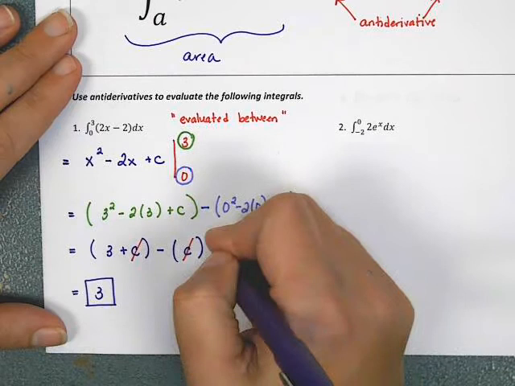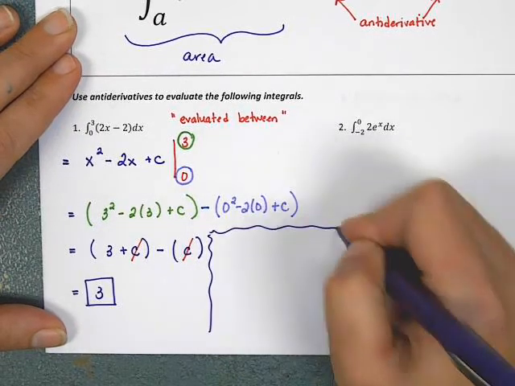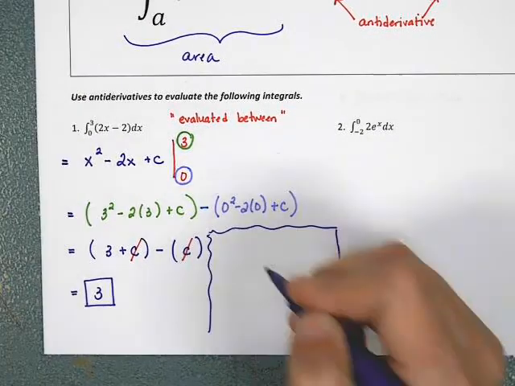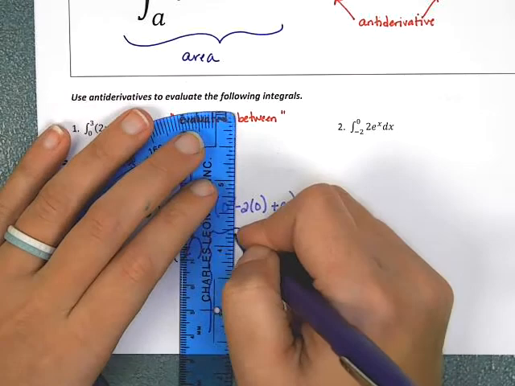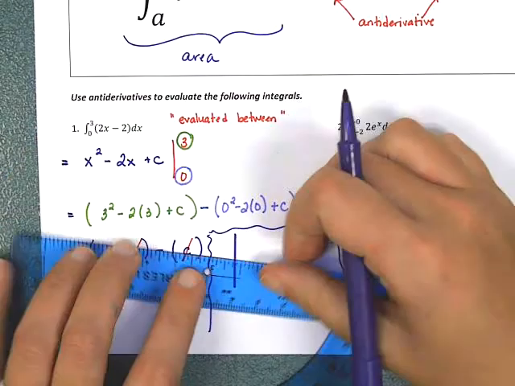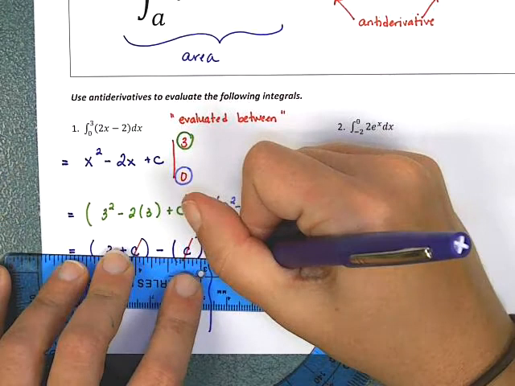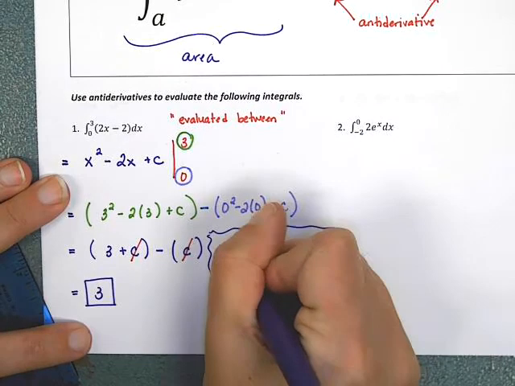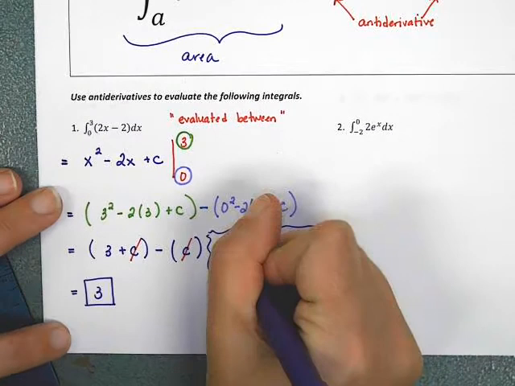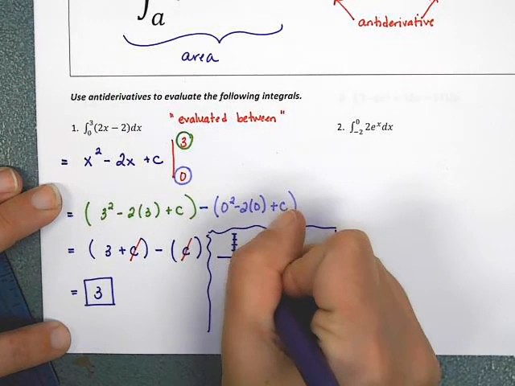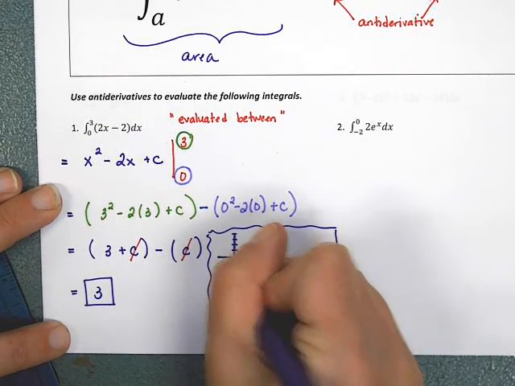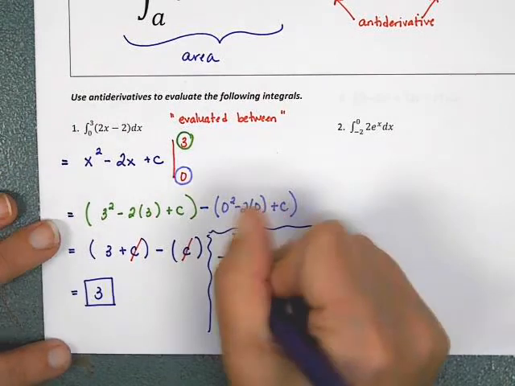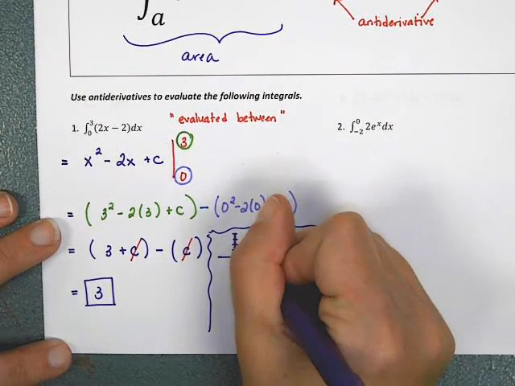So just this one time. The graph of 2x minus 2 between 0 and 3 looks like this. It starts at -2, it goes up 2 over 1.